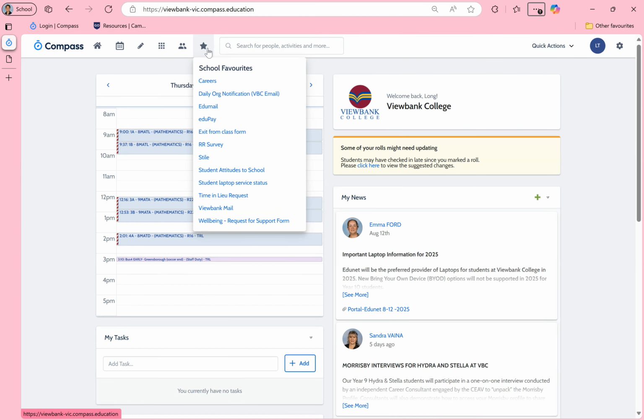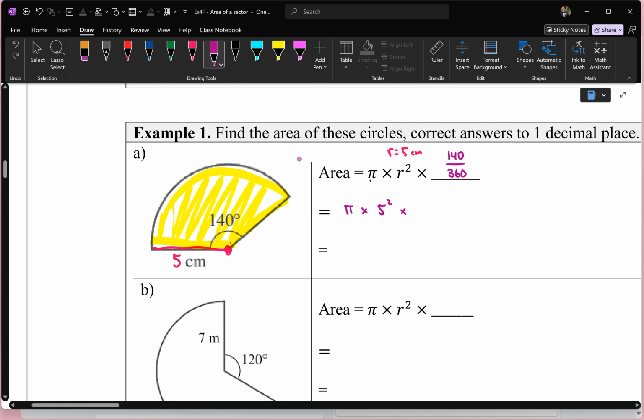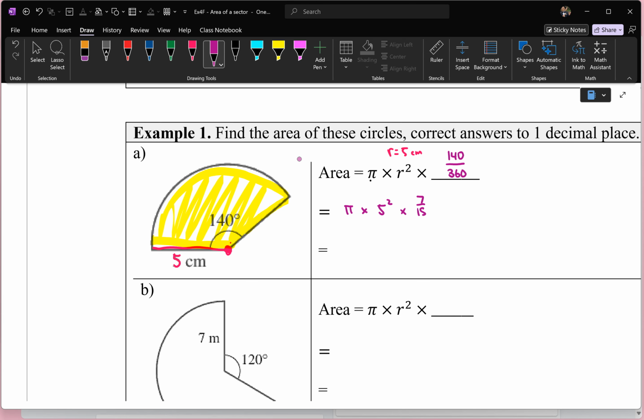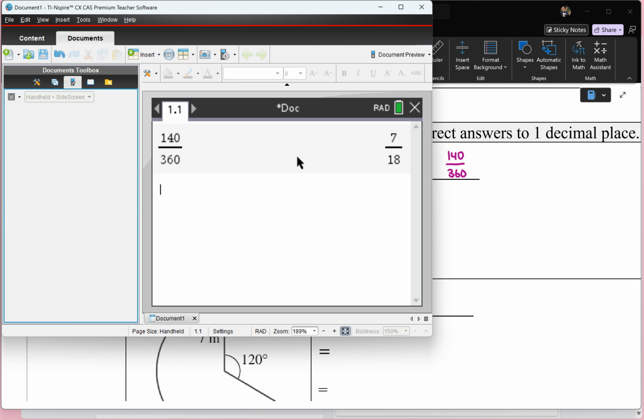Now, depending on your calculator, if you have one of those green calculators, you can actually just type in the fraction 140 over 360, and it simplifies it for you. So in my case, it's 7 on 18. But if you don't have one of those calculators, that is fine. You can actually just type it all in one go. So you can go to your calculator, find the pi symbol.